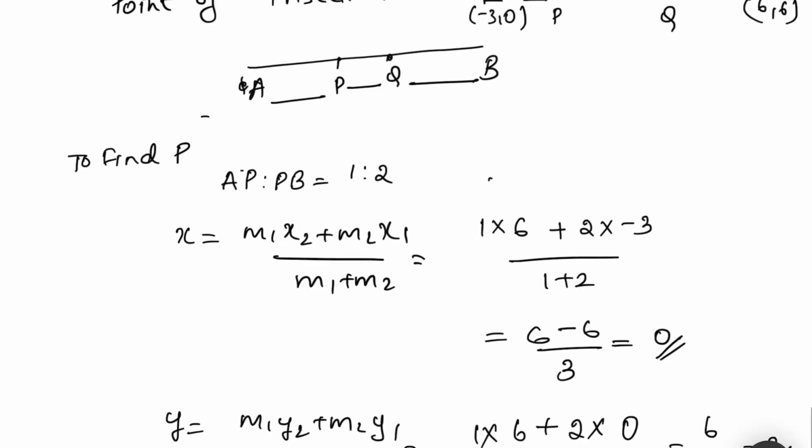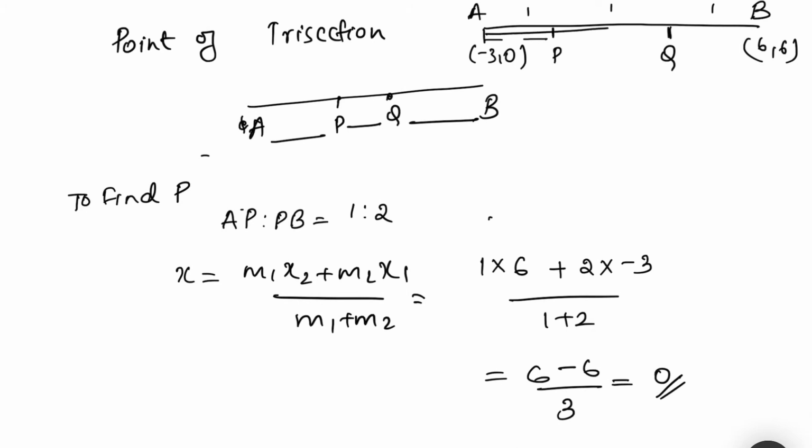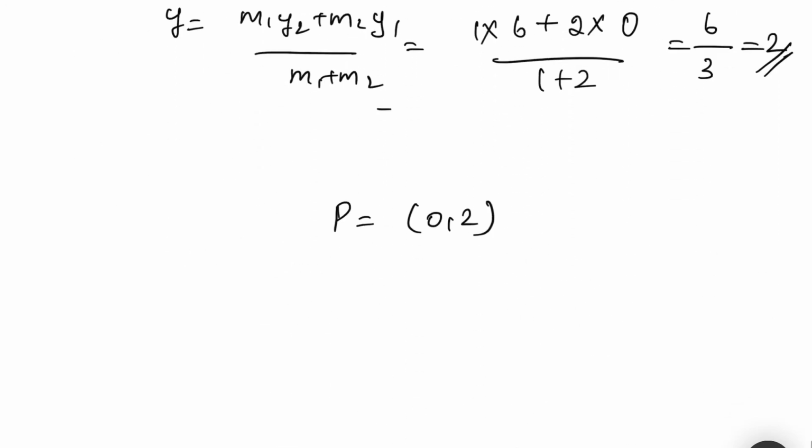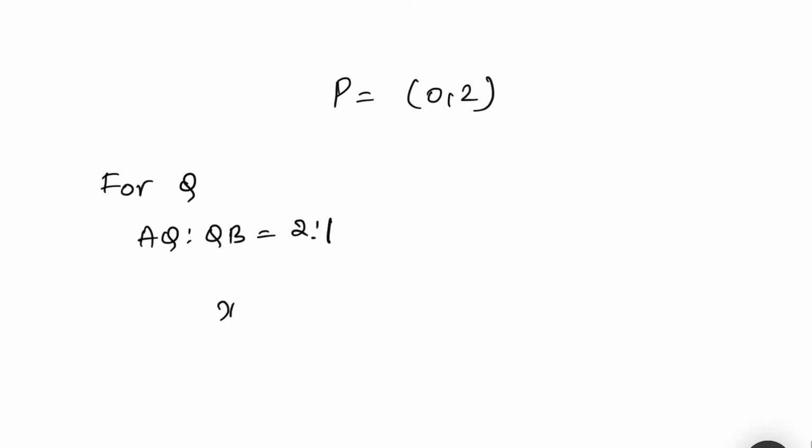Similarly, now I can find Q using this ratio, AQ and QB. For Q, AQ is to QB equal to 2:1. So how will I find X in this case?